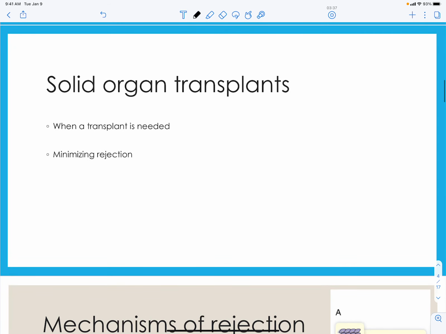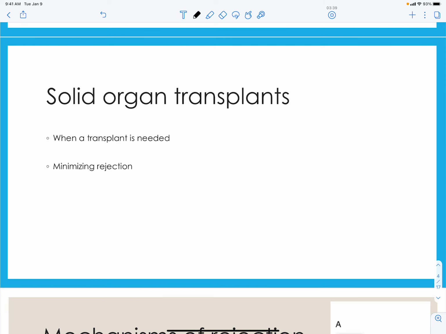Okay, so with respect to solid organ transplants, the option of doing a transplant is going to be when a person's organs fail to function properly. And you're going to have a minimum set of criteria. So when is a transplant needed? You have to ask questions like, is the damage irreversible? Are there alternatives to transplant?